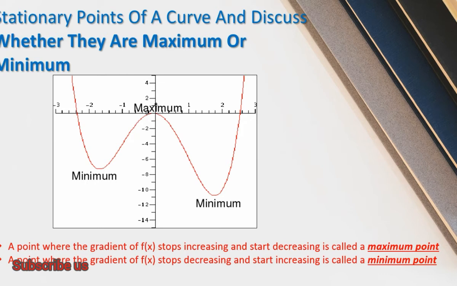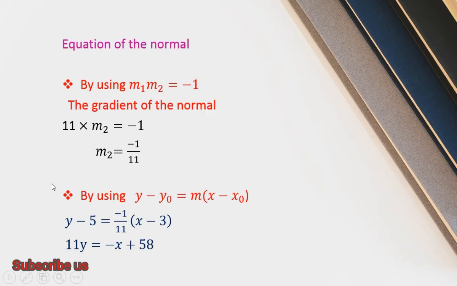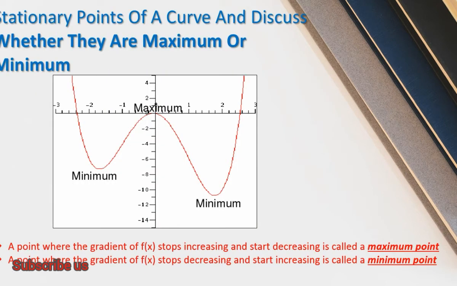You can see this picture has two minimum points and one maximum point. A point where the gradient of f(x) stops increasing and starts decreasing is called a maximum point. Also, a point where the gradient of f(x) stops decreasing and starts increasing is called a minimum point.